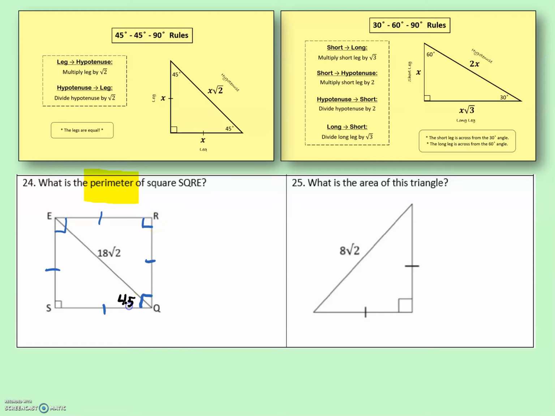So we can label those angles 45. So we know what rules we're working with here. This diagonal of a square is going to be the hypotenuse of each of these triangles. So to get from hypotenuse to leg, we're dividing the hypotenuse by root 2. Now, 18 root 2 divided by root 2, these just cancel, so each of these legs is 18.